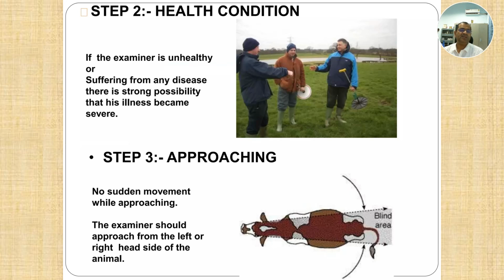Then, especially sometimes we need to examine the health condition of the animal, and if the examiner himself is suffering from a disease, there is a strong possibility that his illness may become severe, because the struggling of the animal causes more stress to the person who is going to handle.